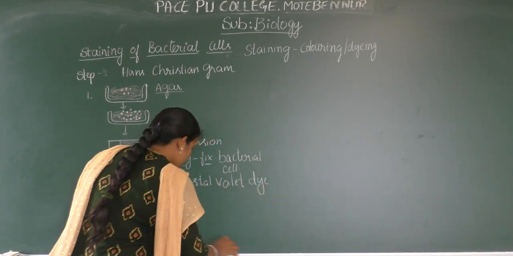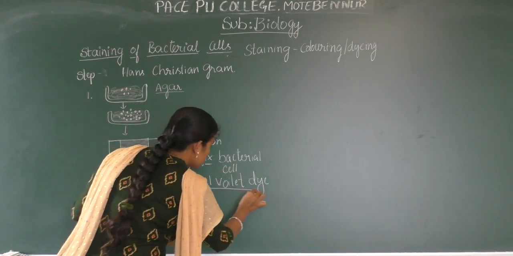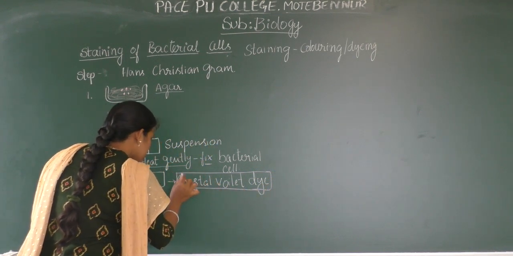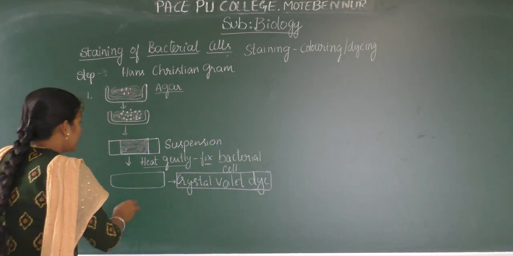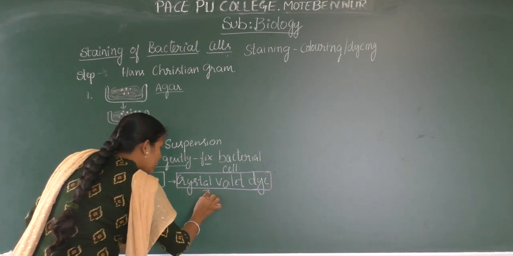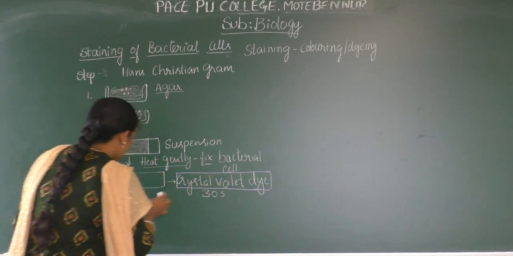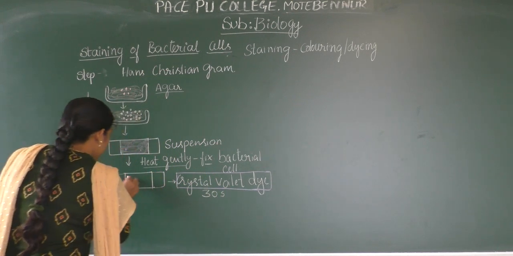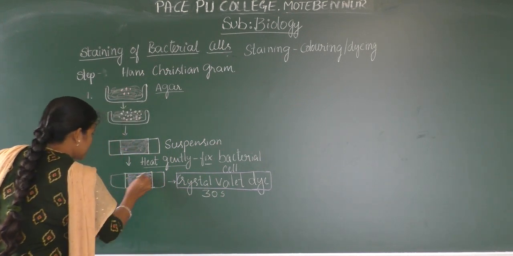I am coloring this one. Crystal violet dye use ಮಾಡಿಕೊಂಡು color ಮಾಡ್ತಾ ಇದೀವಿ. The bacterial suspension which has been heat fixed is treated with crystal violet for 30 seconds. Right? So this is treated with crystal violet for 30 seconds.